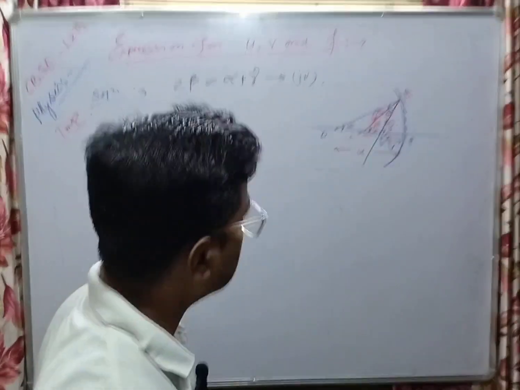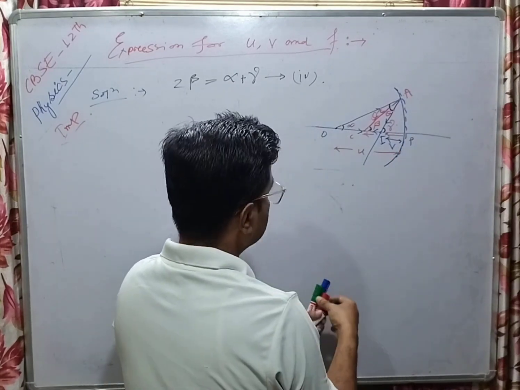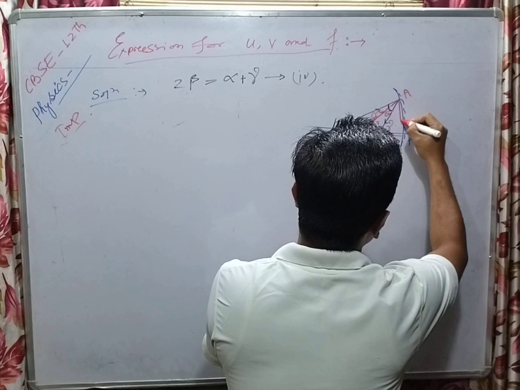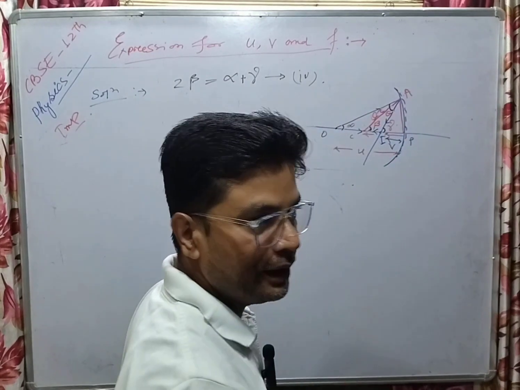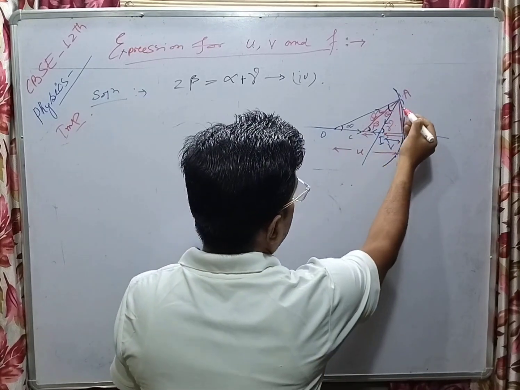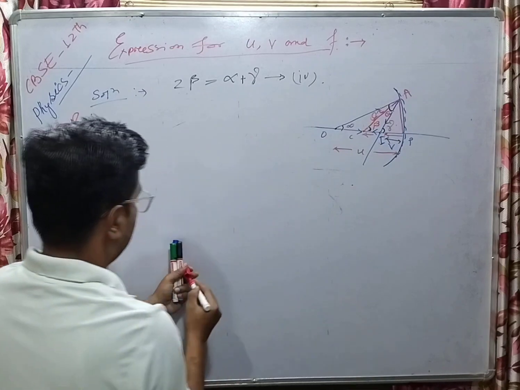Now what will I do? See, suppose point A is very close to P, then AP will be a perpendicular, right? Then I am going to consider right angle triangle AOP.